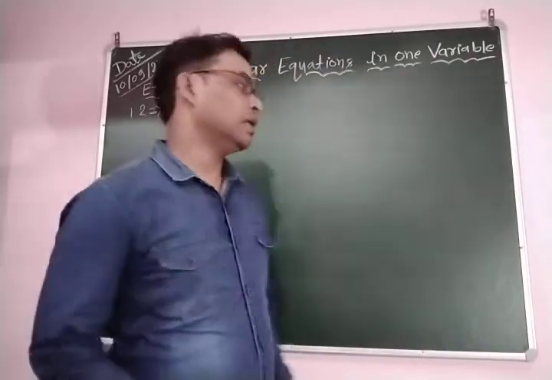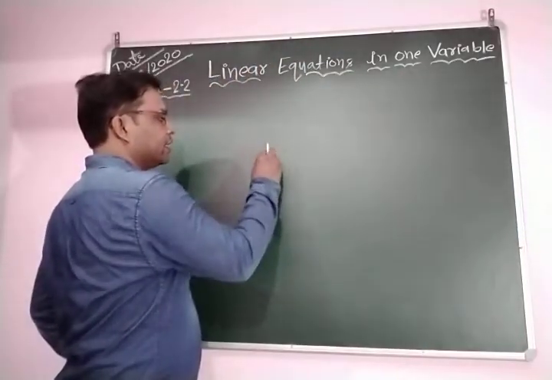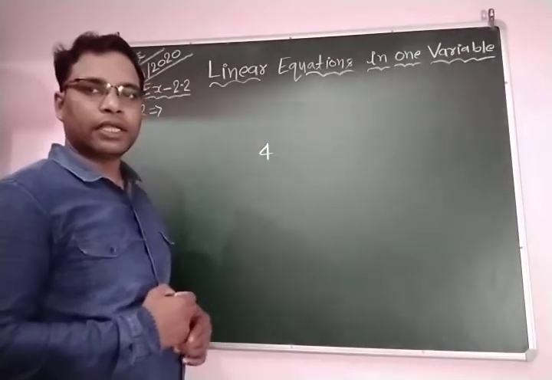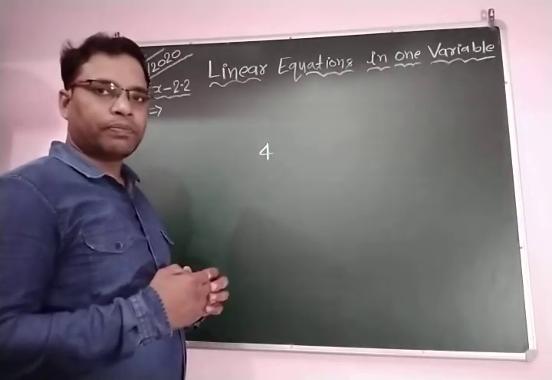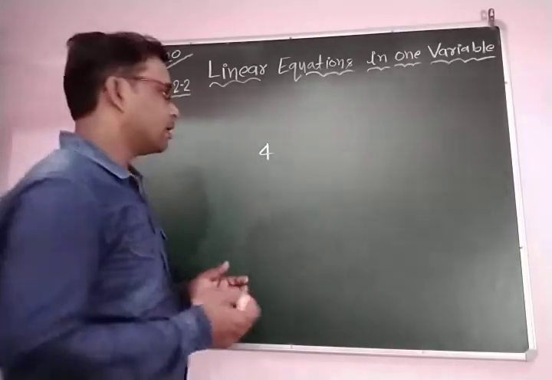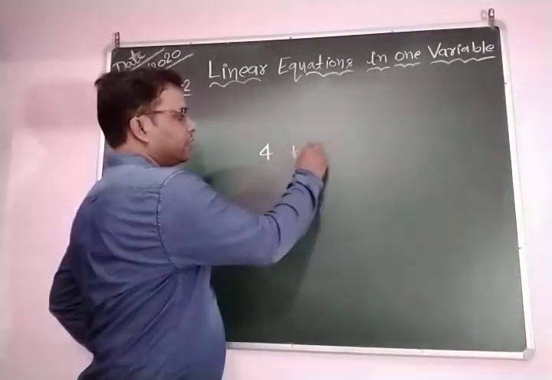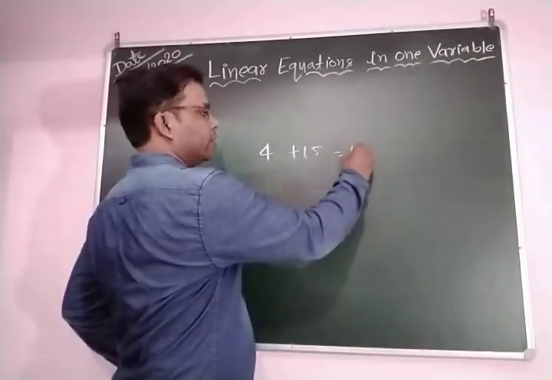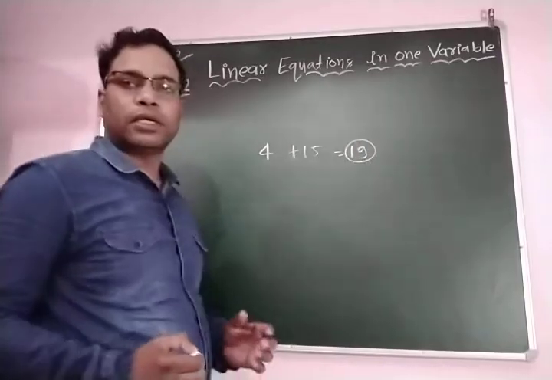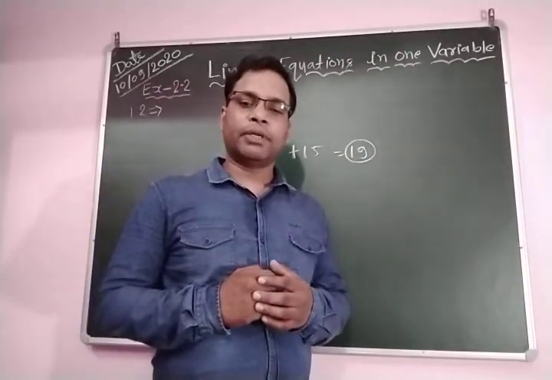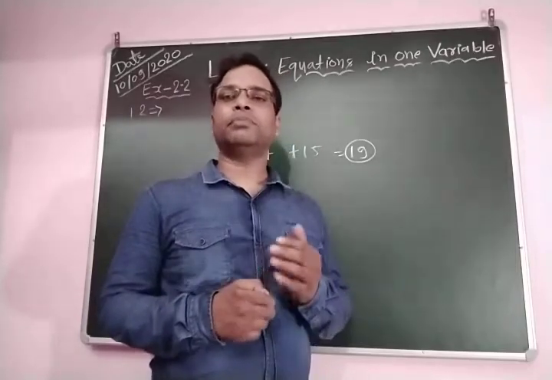Suppose Ravi's age is 4 years. What is Ravi's age after 15 years? You can say 4 plus 15, which is 19. But the question tells us that Ravi's age after 15 years is 4 times his present age.